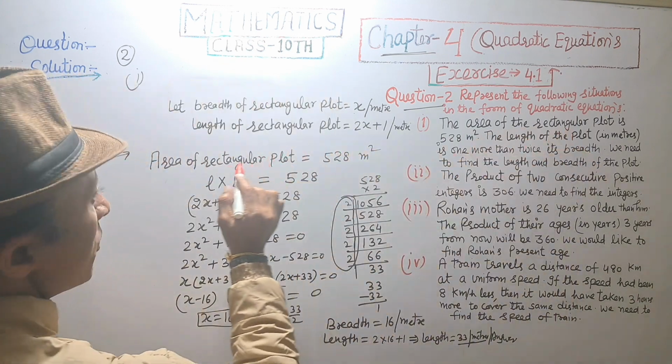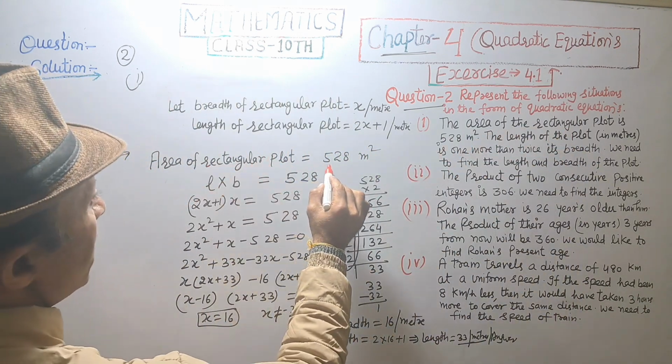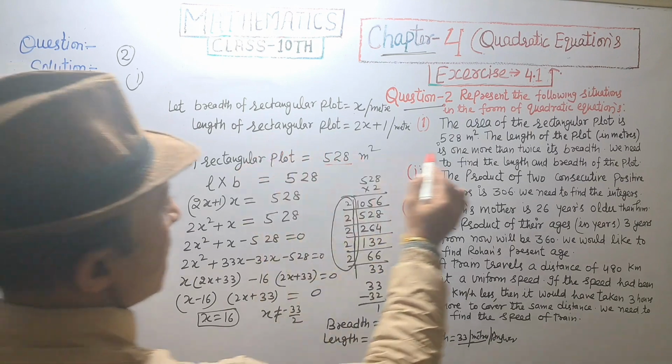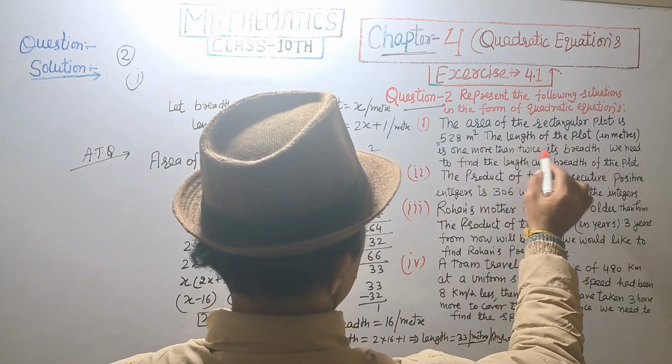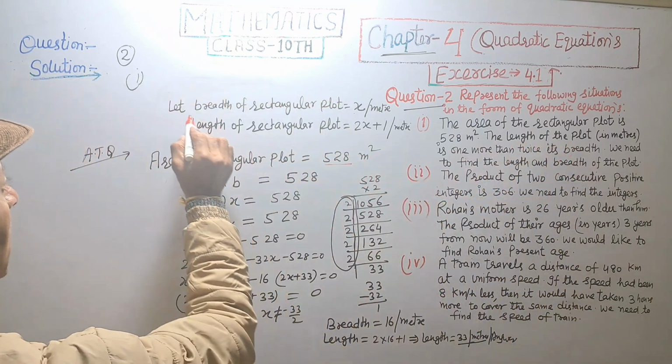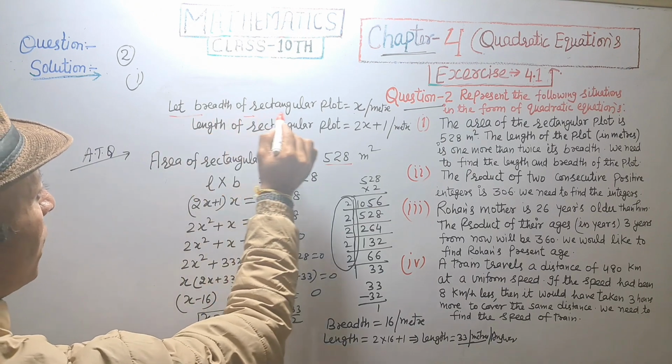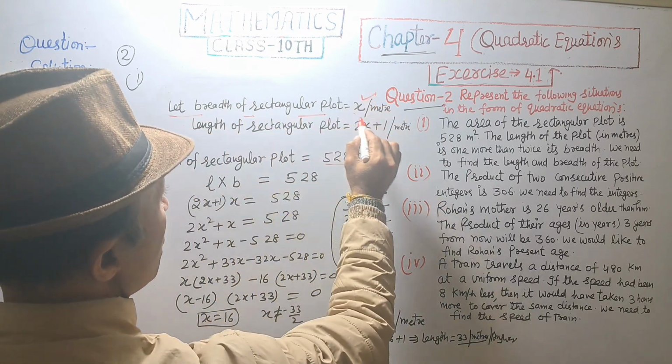Area of the rectangular plot is 528. Length of the plot is 1 more than twice its breadth. Let the breadth of the rectangular plot be x meters.